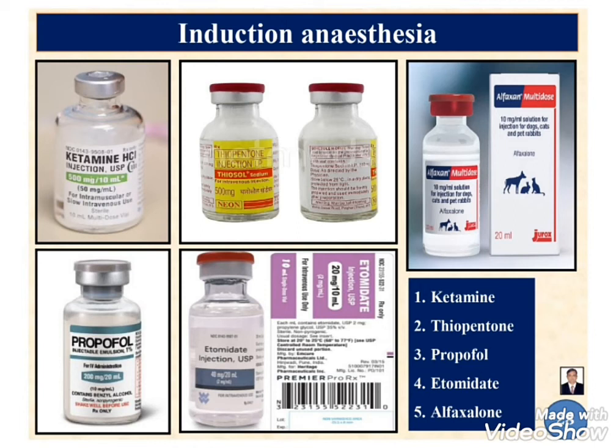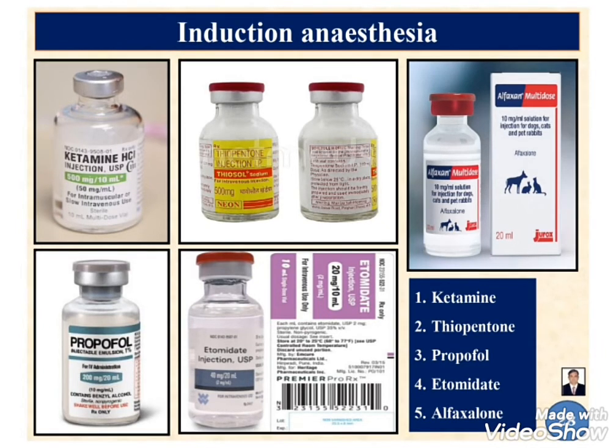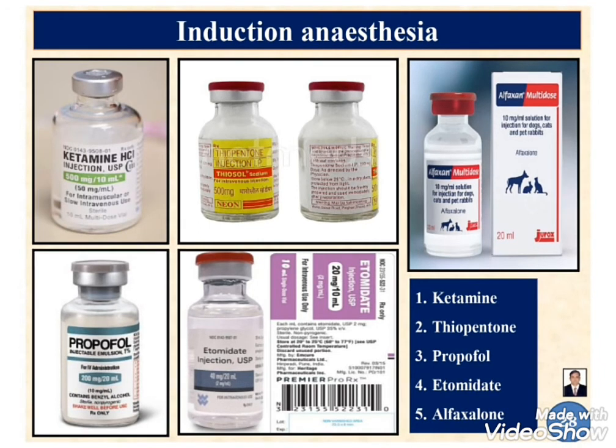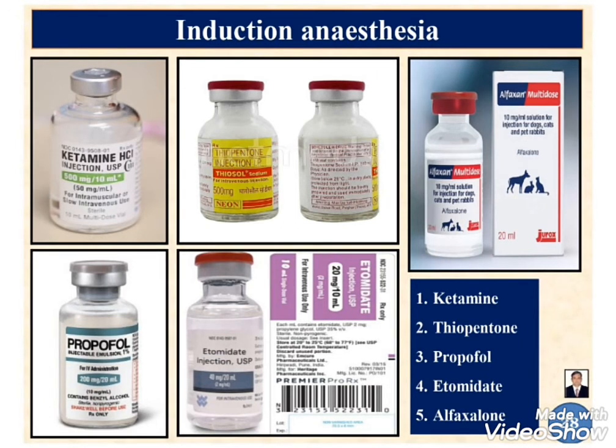So how to achieve induction anesthesia? Induction anesthesia is achieved by giving a single bolus dose of an injectable general anesthetic using ketamine, thiopentone, propofol, etomidate, or alfaxalone. Ketamine with xylazine or ketamine with diazepam is most commonly used in field conditions, but I will give some detail about thiopentone and propofol.